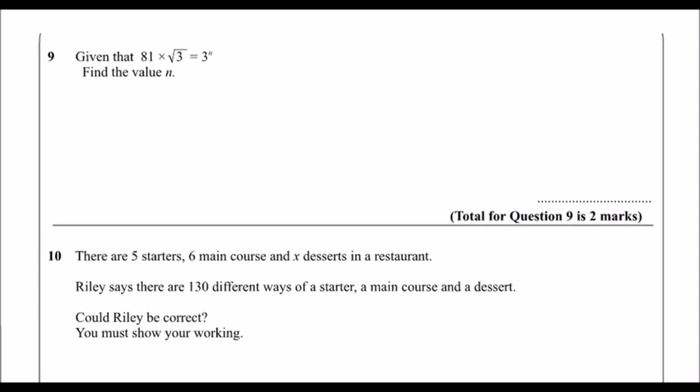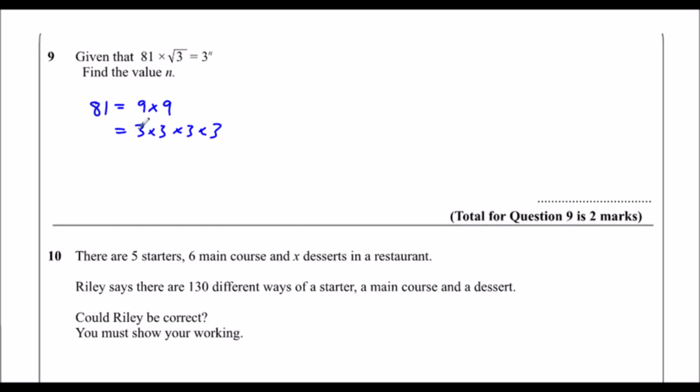Question 9. Given that 81 times root 3 equals 3 to the power of n, find the value of n. So we need to rewrite 81 and root 3 as powers of 3. 81 is 3 to the power of 4. 81 is, well, it's 9 times 9, and each 9 is 3 times 3.